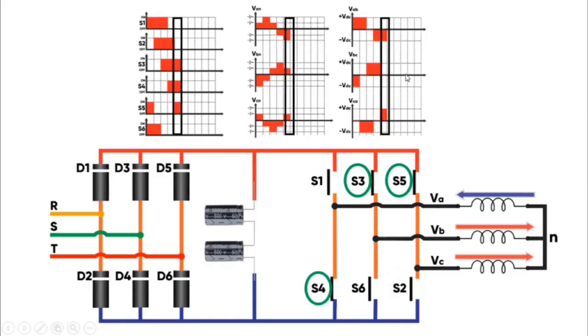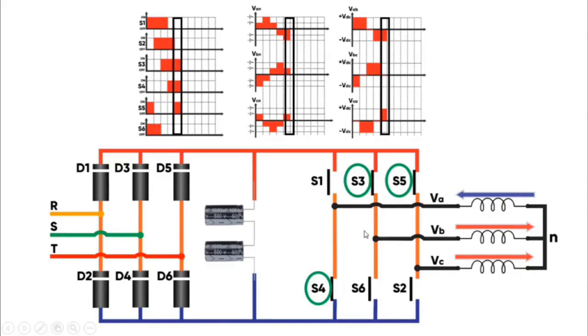The next case. S3, S5, and S4 are the ones, and if they are closed, their value becomes 1. The other switches that are open have a value of 0. And if this switch and this switch are closed, a potential difference will be created between these 2 points. Its value will be 1/3 of VDC.